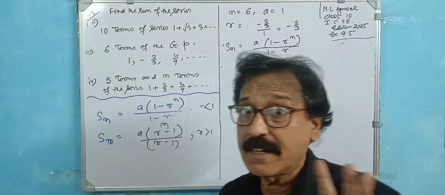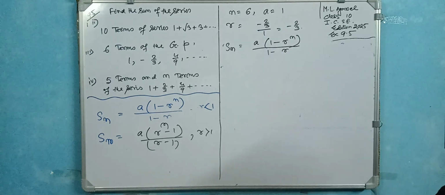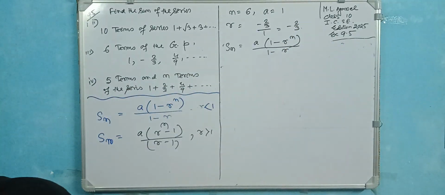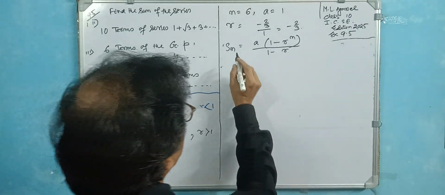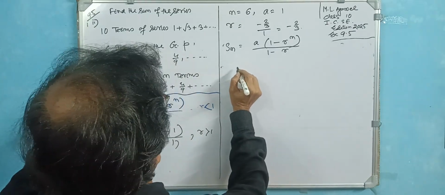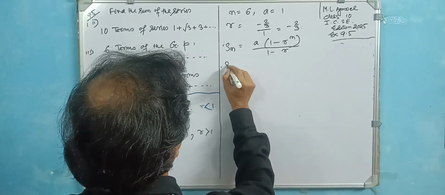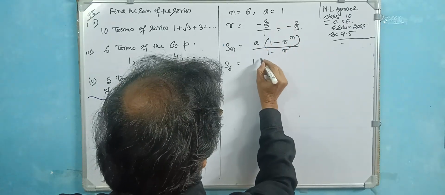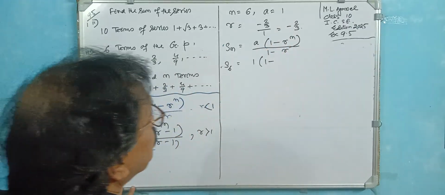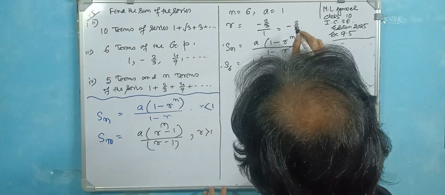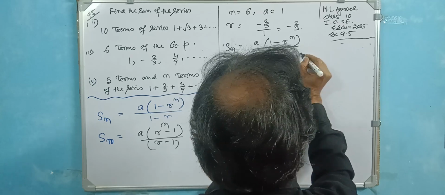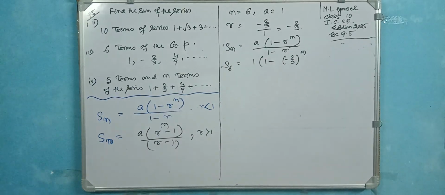You must have a very good idea of exponents and indices for that. So you just apply the formula when r is less than 1, these are negative, and also the fraction 2 by 3. Okay, just put the formula. So the sixth term, n is 6, so S6, what is the value of a? a is 1, bracket 1 minus r, this is a very complicated minus, so this is minus 2 by 3 to the power n, and n is 6 here.